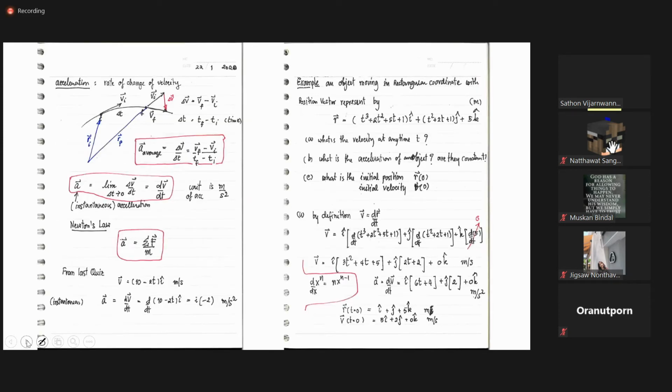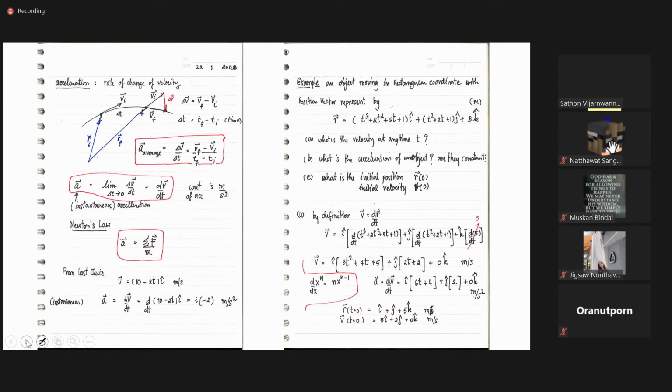So we're going to our next topic, which is acceleration. Now we have velocity. Now what is acceleration? Acceleration is the rate of change of velocity.